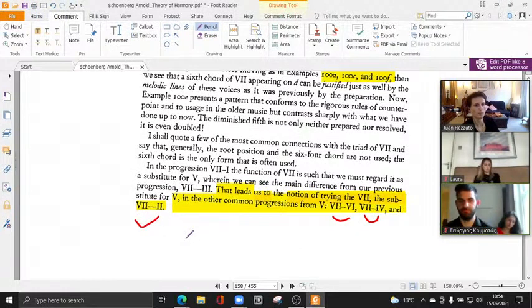I see what he means at the deceptive, but not common progressions. I wouldn't say that 5, 4 or 5, 2 are common. No, the common progressions are 5, 6, 5, 4. That's the common progression. 5, 6, yeah, it's common. But 5, 4 or 5, 2 is not very common.